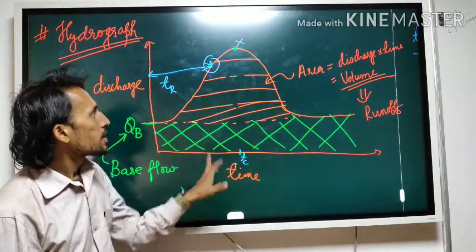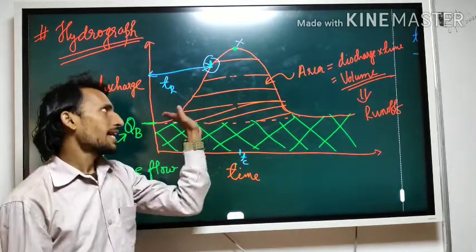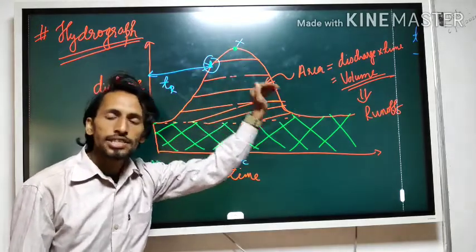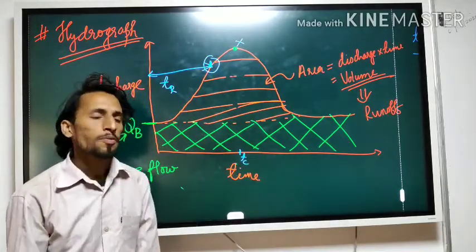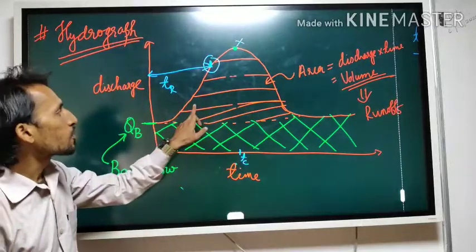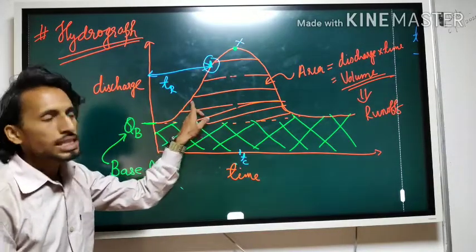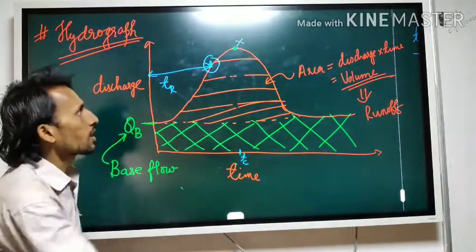Now you see this curve is rising like this and then it is decaying again. So what could be the nature of this particular line?